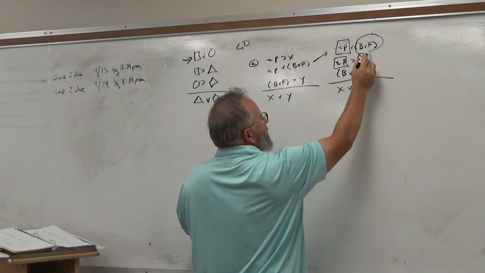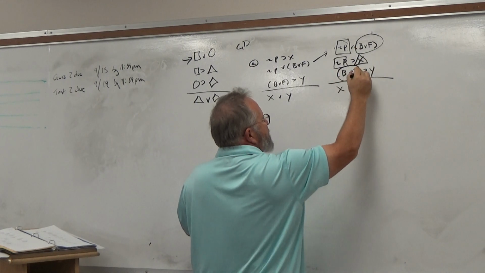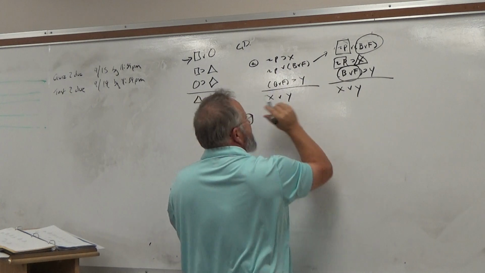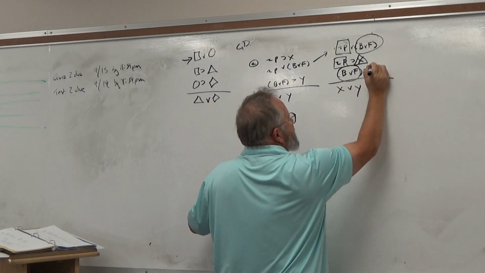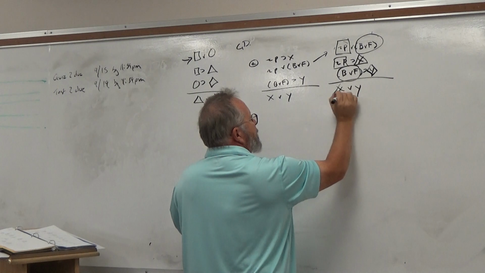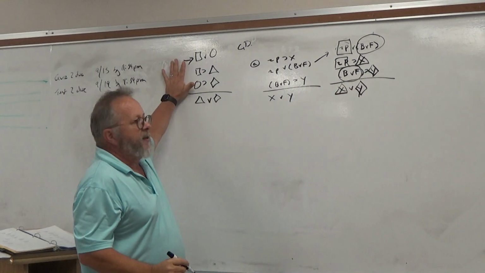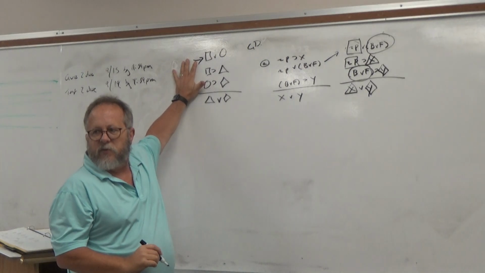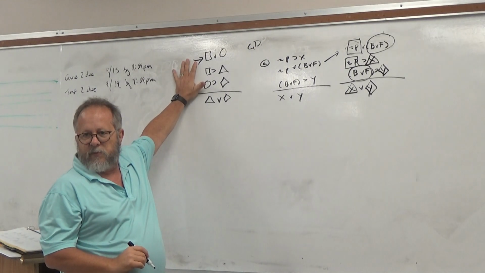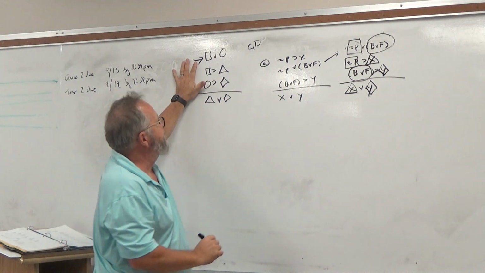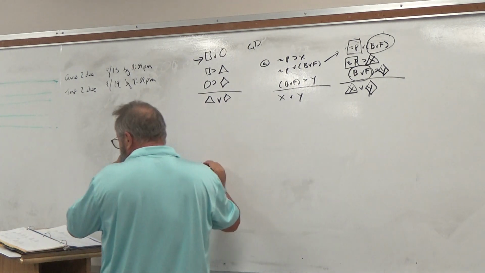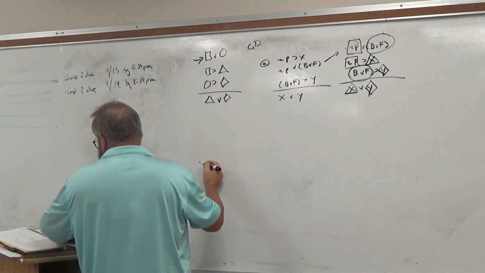So P, B or F is a circle, so that's a circle. This is something new. We're trying to make it fit, so we'll call it a diamond, and then we get this or that, and that matches this, so it is a substitution instance. Does everybody understand that? Okay, so that was 5A.